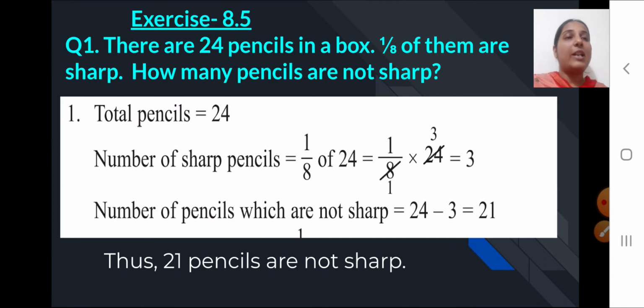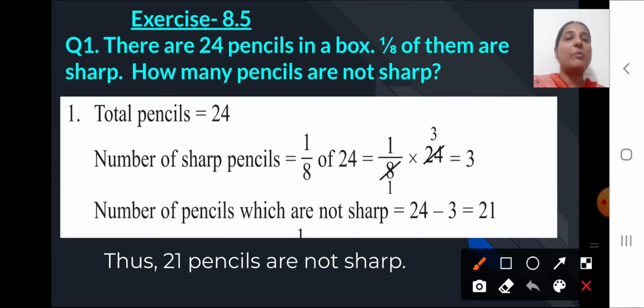First we will write what information has been given. It has been already given there are 24 pencils. So the number of total pencils is 24. That we will write, which has been given. Then 1/8 of them are sharp. Number of sharp pencils is 1/8 of total pencils.